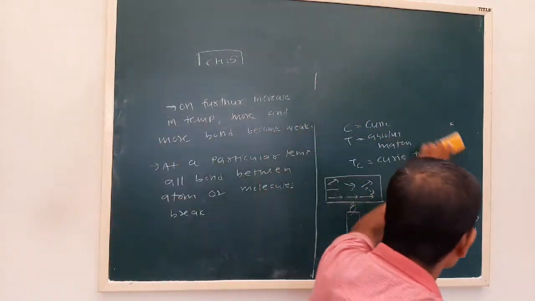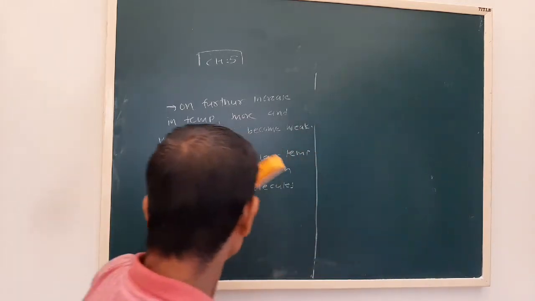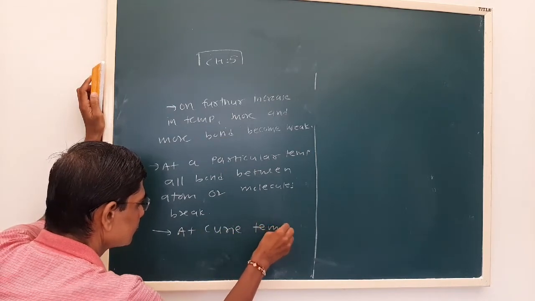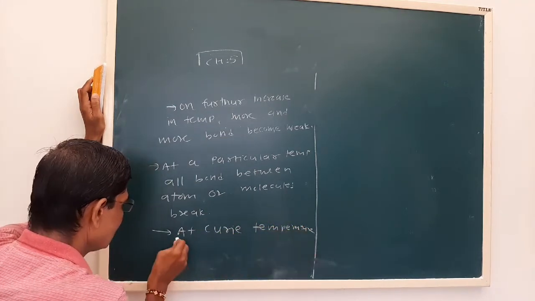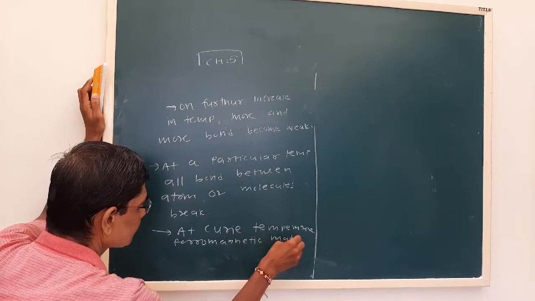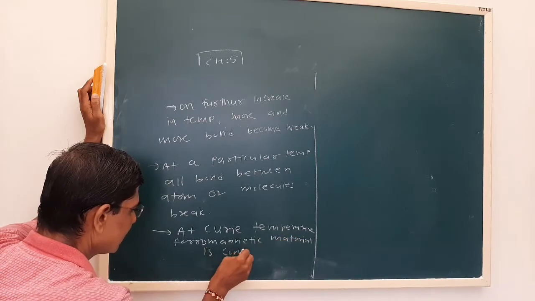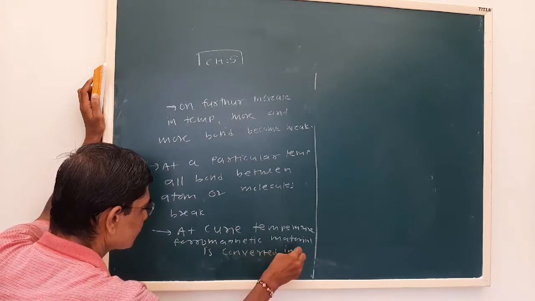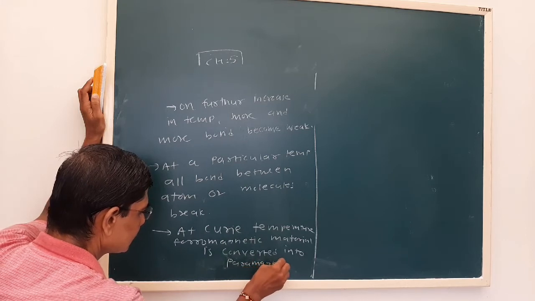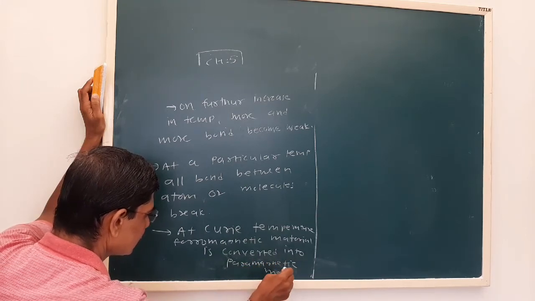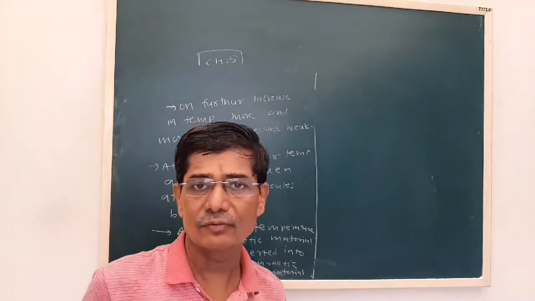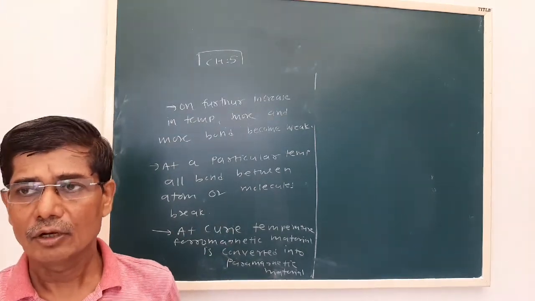So at Curie temperature, ferromagnetic material is converted into paramagnetic. This is the effect of temperature on ferromagnetic material.